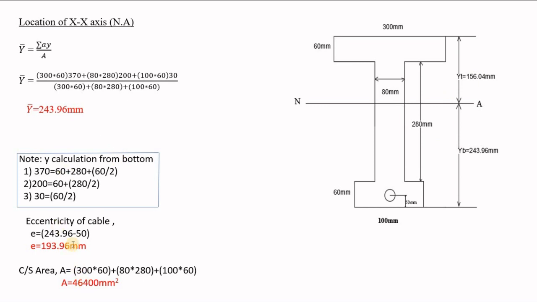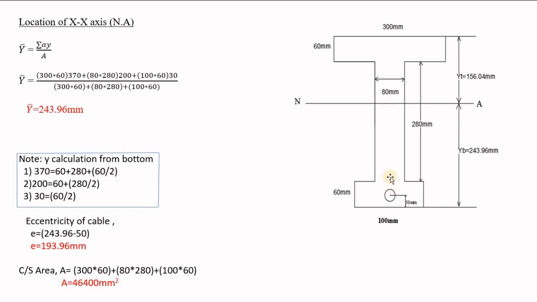The next is the eccentricity of the cable. We know, from here to here, the distance between the neutral axis and the bottom is 243.96. That minus 50 will give you this height. The distance 193.96 mm is nothing but the distance between the neutral axis and exactly the center of the cable.